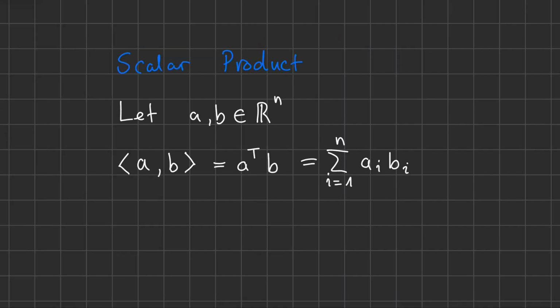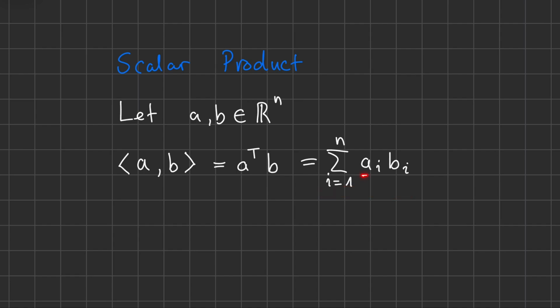Before we get to the formal definition of orthogonality, we first look at scalar products. The scalar product, or the dot product, is a type of inner product for the Euclidean vector space. Given two vectors a and b from our Euclidean vector space of size n, so n-dimensional, the scalar product between a and b, given by these angled brackets, is simply the sum of all products of the entries.